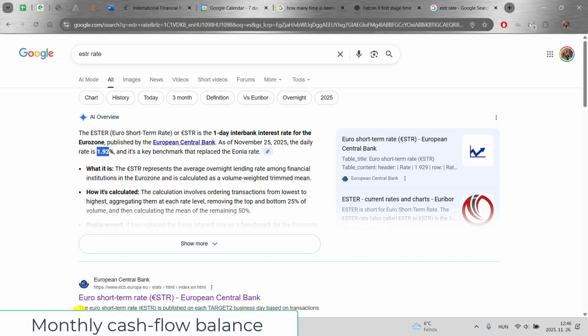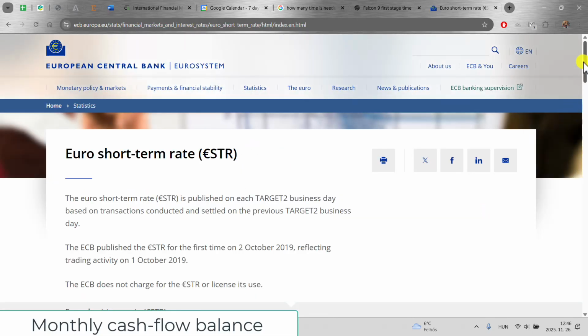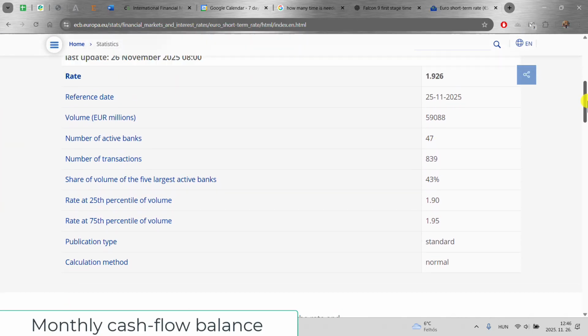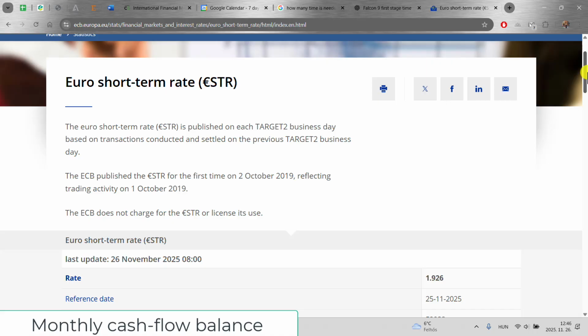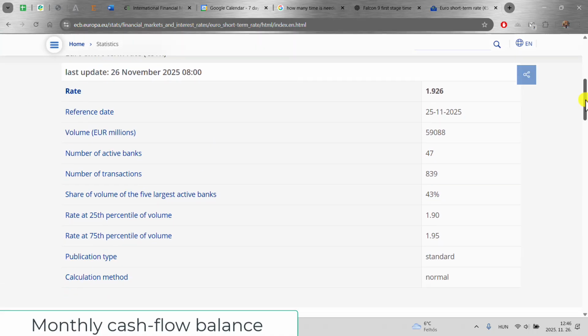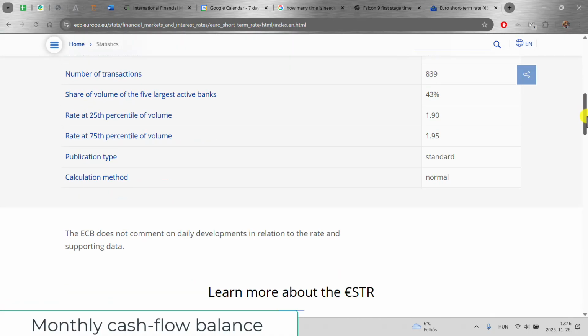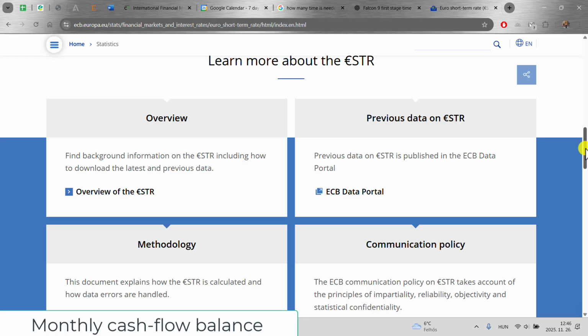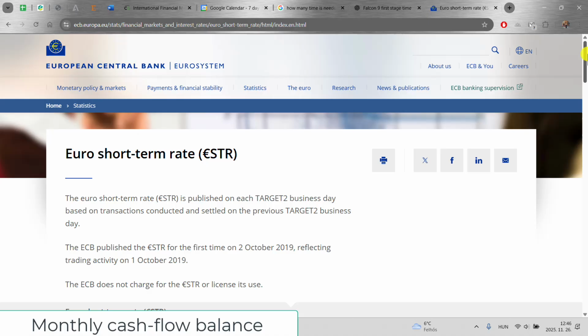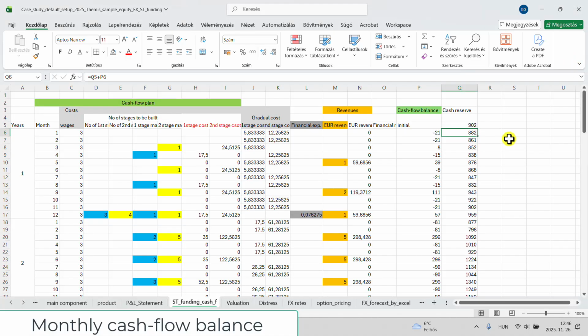But this is an annualized interest rate. So we can see that this is 1.9. It would not be that hard to make projections, because we just have to estimate a Taylor rule and make a forecast with the Taylor rule for 5 years ahead, and then we can have programmed interest rate expectations.